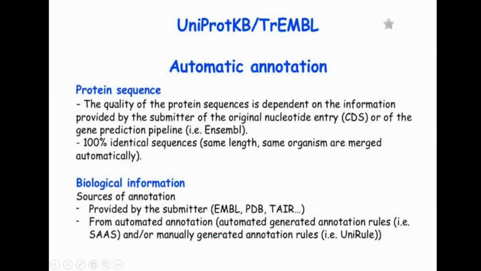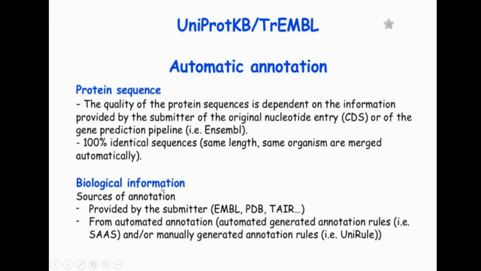The quality of the protein sequences depends on the information provided by the submitter of the original database from where that particular sequence has been extracted. Original database में कितनी सही information है उस पे depend करेगा आपका quality of the protein sequence. And the second one is 100% identical sequences, that is same length, same organism, are merged automatically.